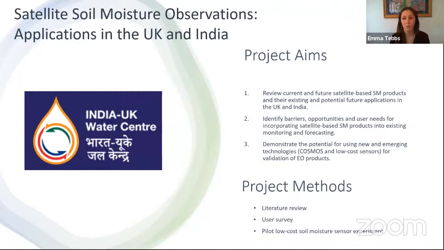And thirdly, we were also looking at what in situ sensors were needed to validate those products. The methods that we used were a literature survey, and also a user survey, and then a pilot demonstration of some low-cost sensors.